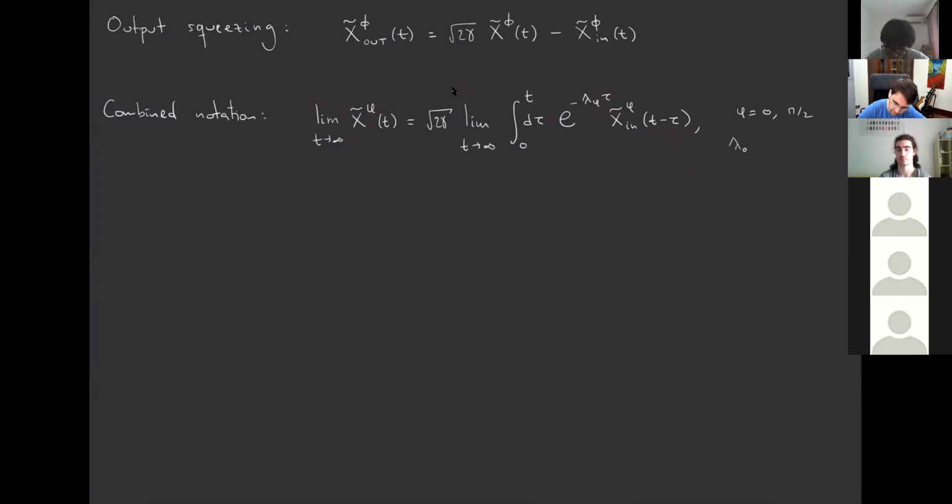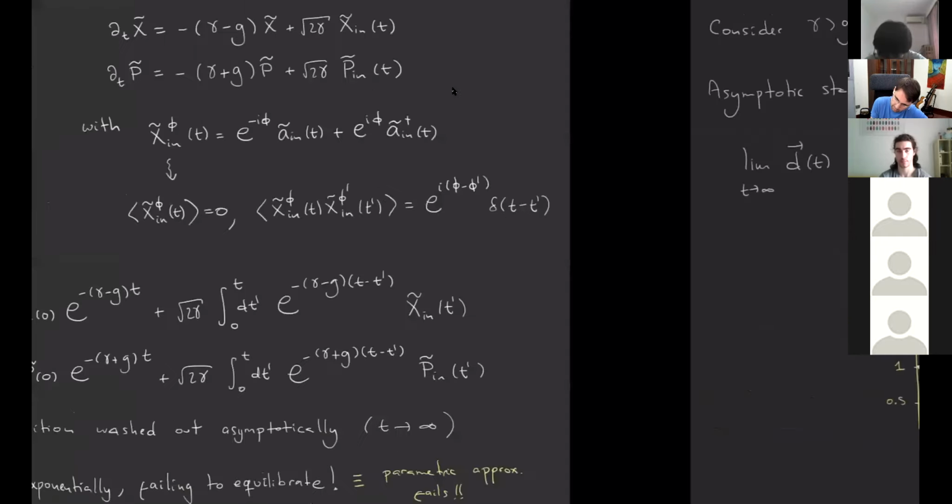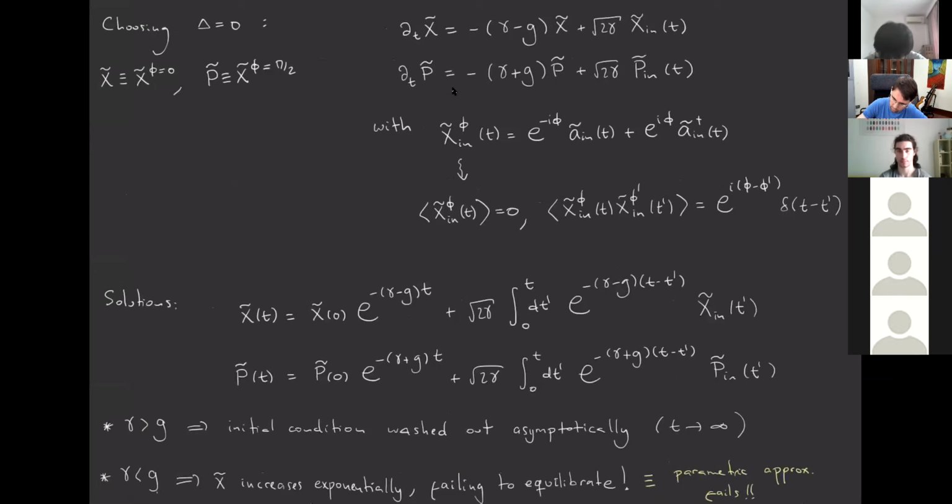And then the rate lambda 0 is, this should be gamma minus j. And the rate for the momentum quadrature is gamma plus j. Let me see, because I have it the other way around in here, but that's not true. Yeah, it's gamma minus j. Okay.